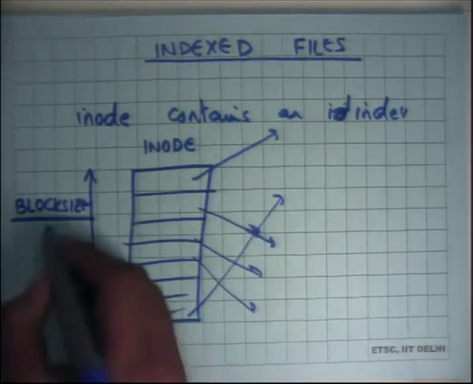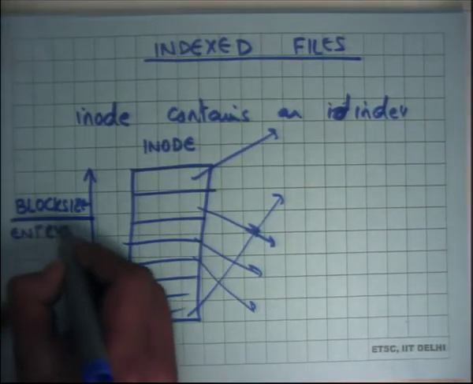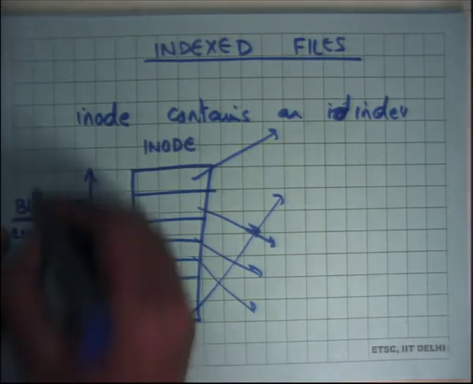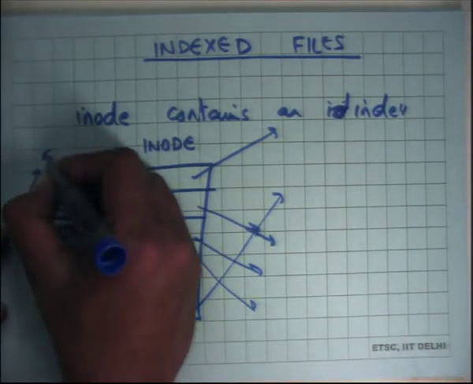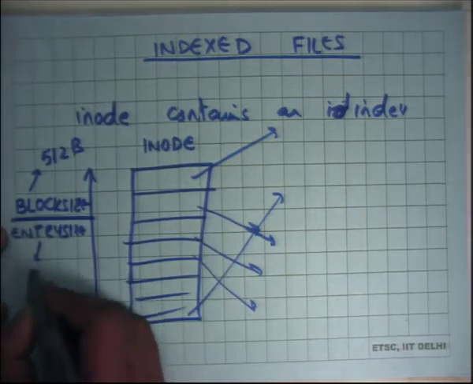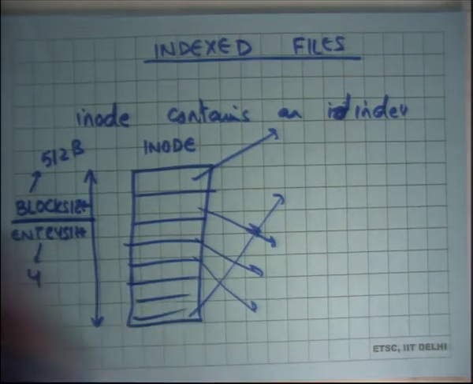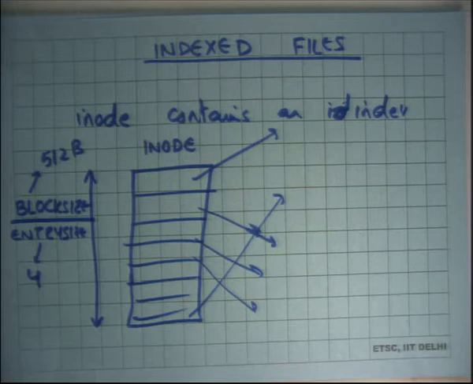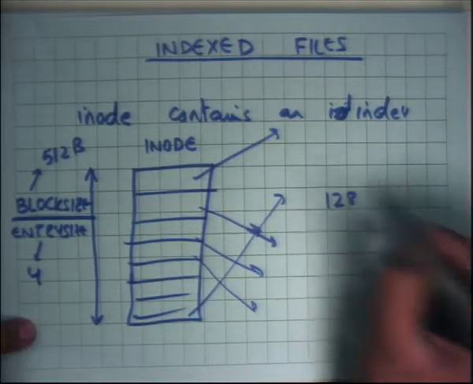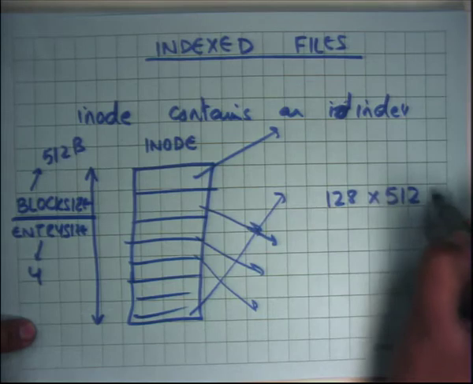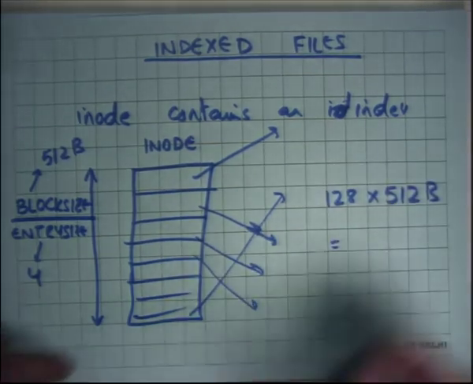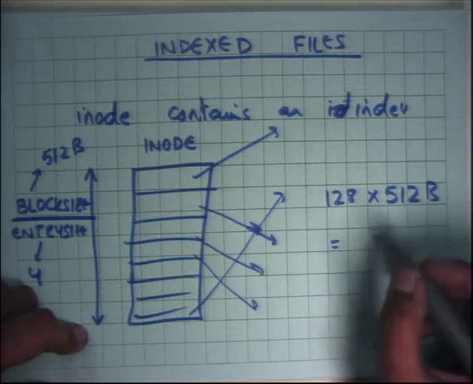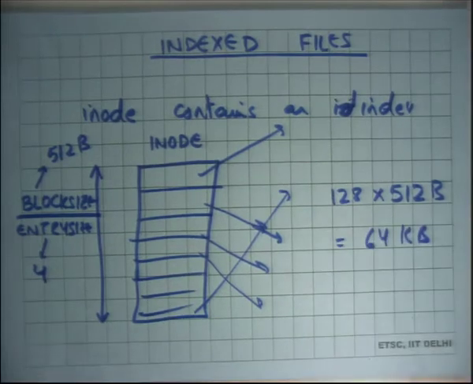Let's take an example: a typical block size of 512 bytes and an entry size of 4, so 512 divided by 4 gives 128 entries. It basically means there's a limit on the maximum size of a file you can have. With 128 entries and a block size of 512 bytes, that's 128 times 512, roughly 64 kilobytes.